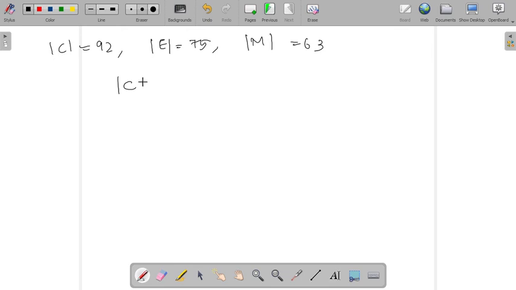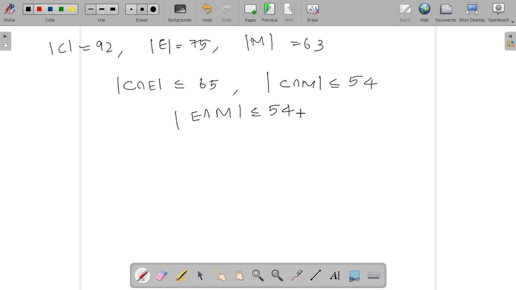So the cardinality of C intersection E will be less than or equal to 65, and the cardinality of C intersection M is less than or equal to 54, and the cardinality of E intersection M is less than or equal to 48.